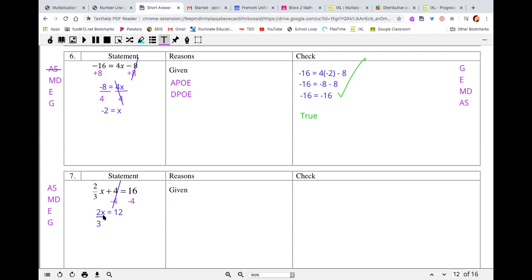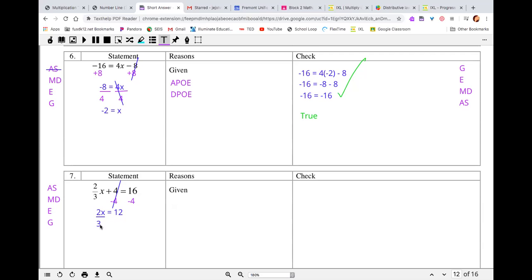So now I have 2 over 3 times x equals 12. So what am I going to do next? What can we do when we have a fraction? We can divide. Okay, we will divide, right?